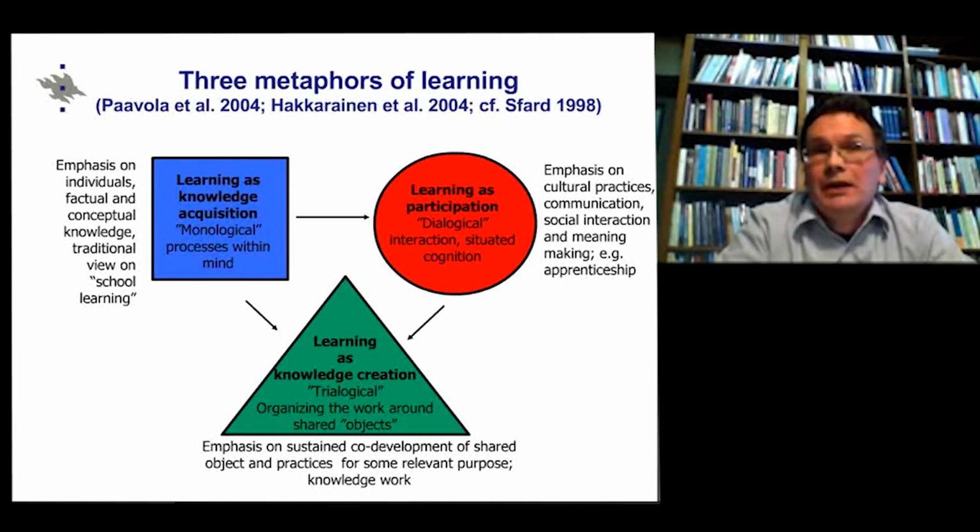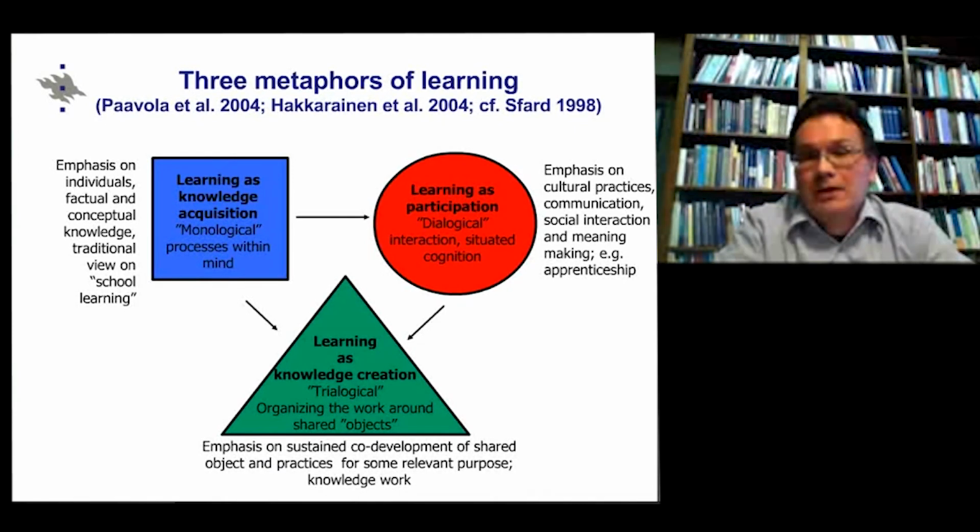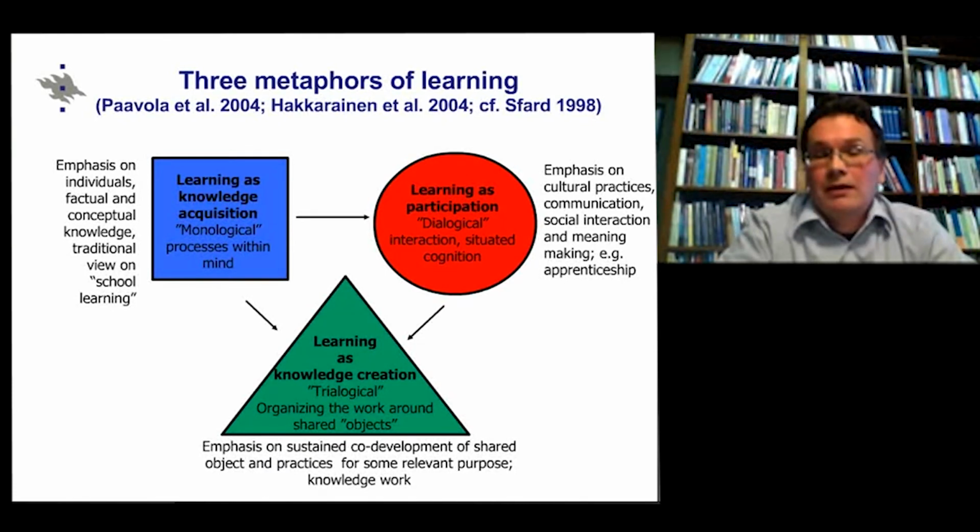And it seems that if we try to learn modern knowledge work, whatever that is, it includes both of these elements and maybe something more, because we try to develop things together. It's about having some individualistic expertise on things, but also organizing things socially and collaboratively so that things are working.